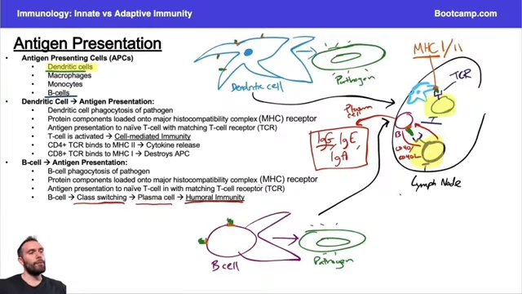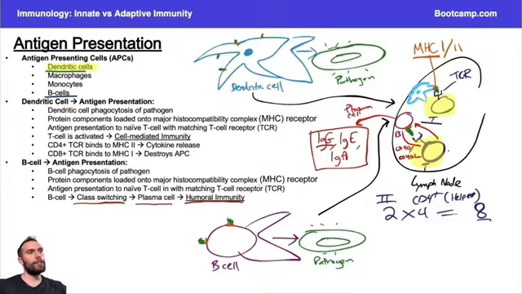Okay, so the way to remember this is that you always want to get to 8. It's kind of like the rule of 8s here. So if we have anything on an MHC2 receptor, if we multiply 2 by 4, we get to 8, which means MHC2 receptors will bind to CD4 positive T cells. Okay, so CD4 positive T cells are kind of like your helper T cells.